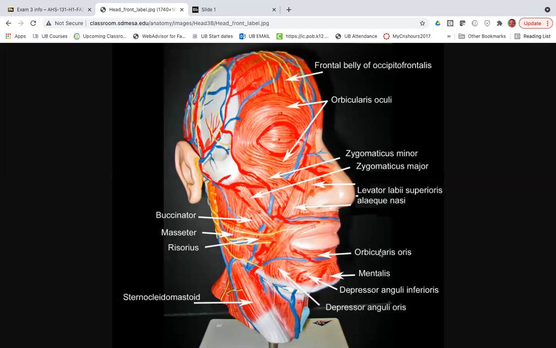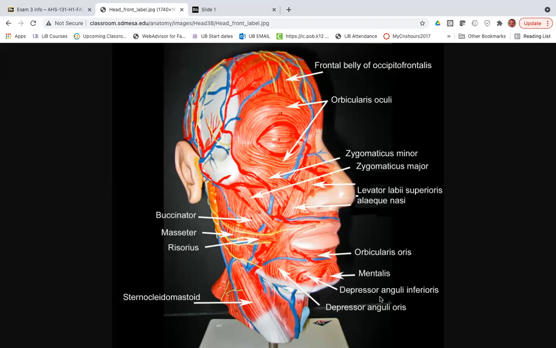Here's the orbicularis oris going all the way around the upper and lower lip. Here is the levator labii superioris. Whether we pointed here or here, levator labii superioris. Here is the mentalis near the chin.